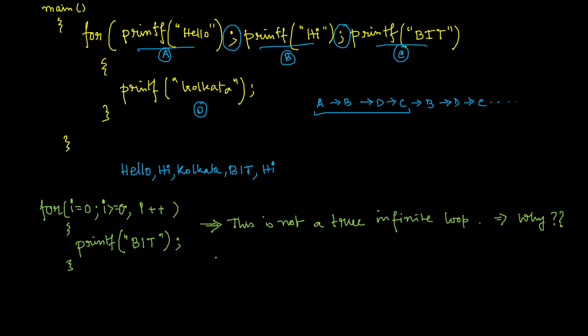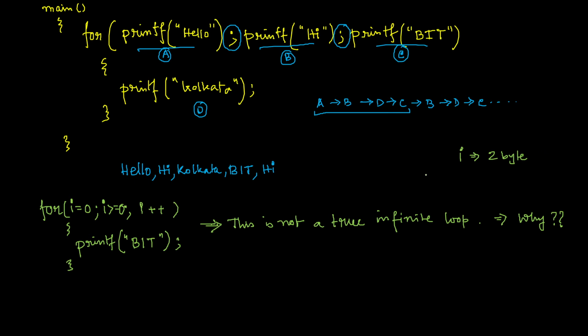The reason is that if you remember my previous class where I discussed the range of the data type, since I have assumed i as a simple integer variable, that means it's basically a signed integer variable, right? By default any variable is signed, and if I consider a 16-bit Turbo C++ compiler or many other compilers, that means i takes 2 bytes of memory to store the value 0, 1, 2 or something like that.